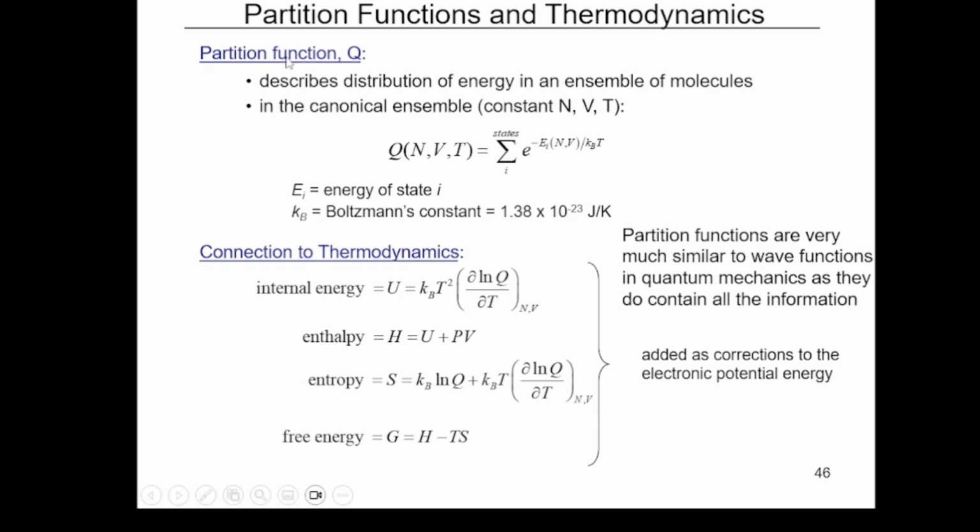I will just focus on simplified equations. For example, properties are given by the partition function. So what is the partition function? It describes the distribution of energy in an ensemble of molecules.